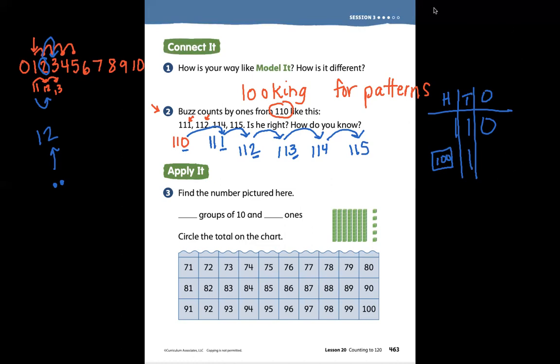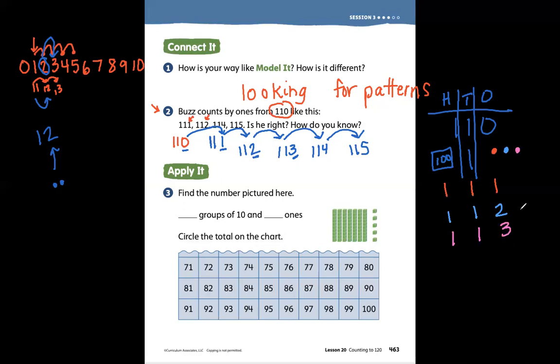If we add 1, our number becomes 111. If we add another 1, we would have one group of 100, one 10, and 2 ones. If we add another 1, we would have one group of 100, one 10, and 3 ones.